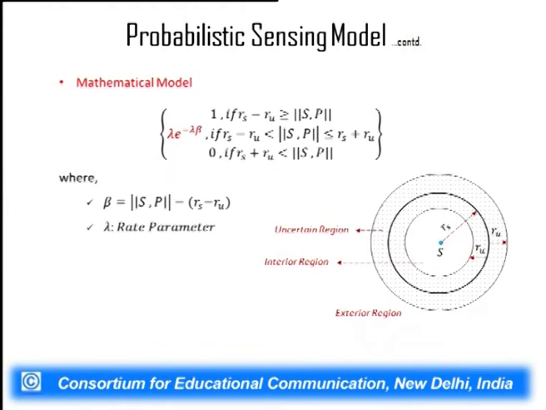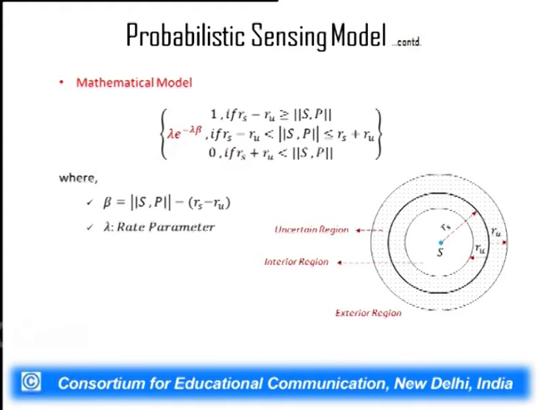Now, let us see mathematically what it actually means. In this figure you can see that it is properly labeled. The shaded area is the uncertain region, the interior region is clearly visible, and the outside region is the exterior region.